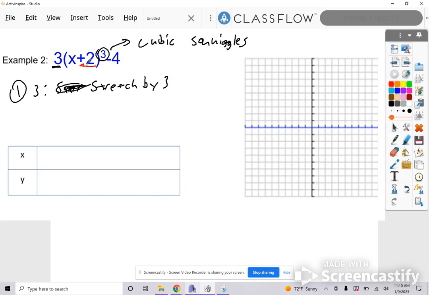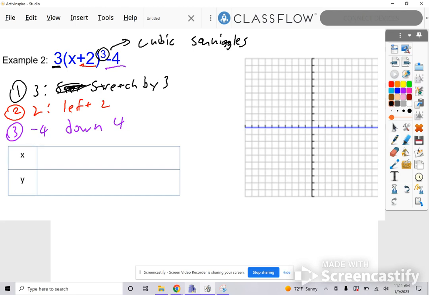The 2, again, plus, but it's on the inside, so it's going to do the opposite. So we want to go left 2. And then the 4 is down 4. So there's my description, which is one of the big parts.